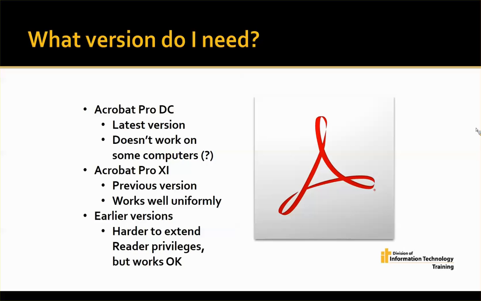That video is out at training.missouri.edu, and you click on the webinars link in the online training and resources box on the right side of the page. The video is in the Acrobat category. With earlier versions than that, it's a little harder to extend reader privileges, but they work okay too.